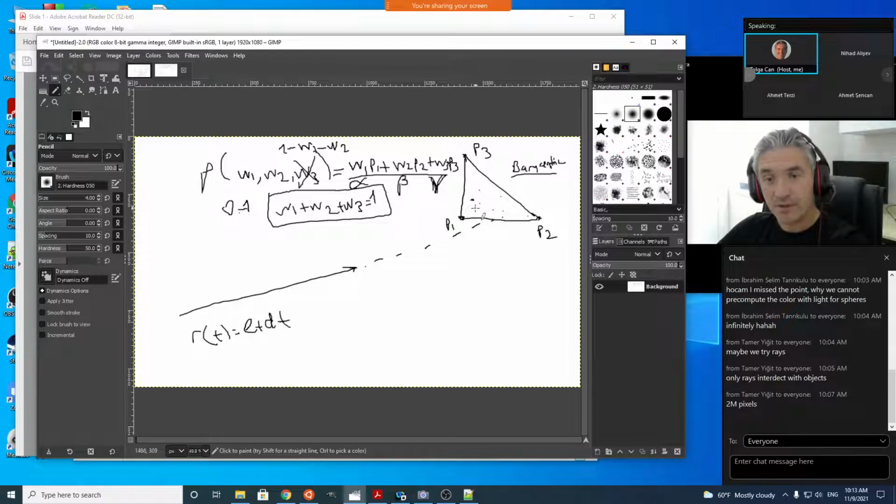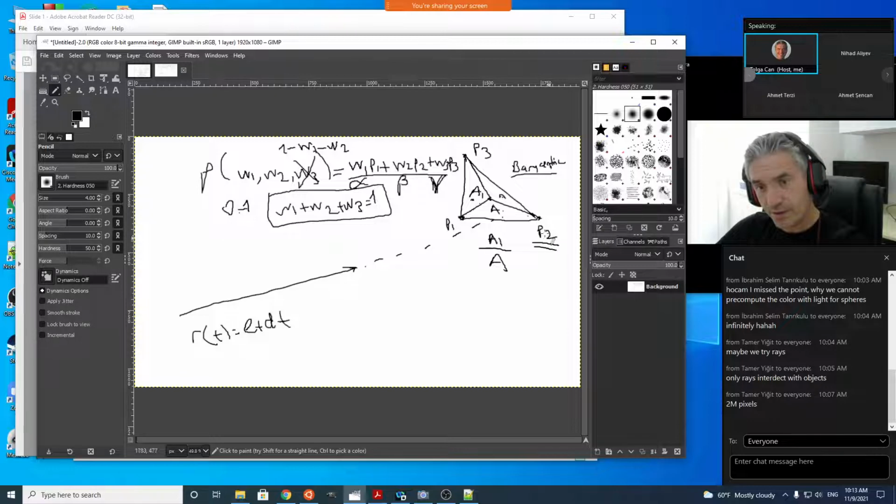For example, if we have a point here, these barycentric coordinates could be found by looking at the areas of these subtriangles. The ratio of area 1 divided by the whole area is the weight of P2.